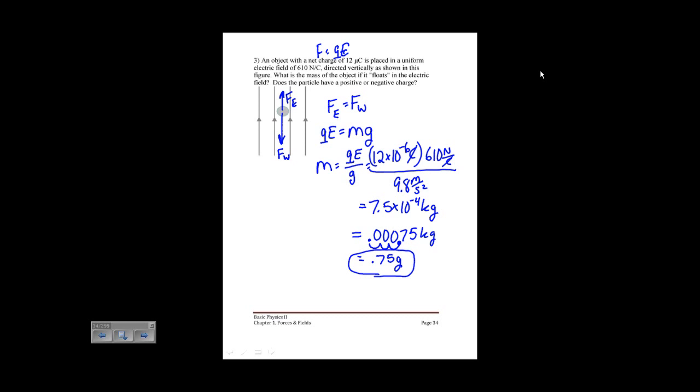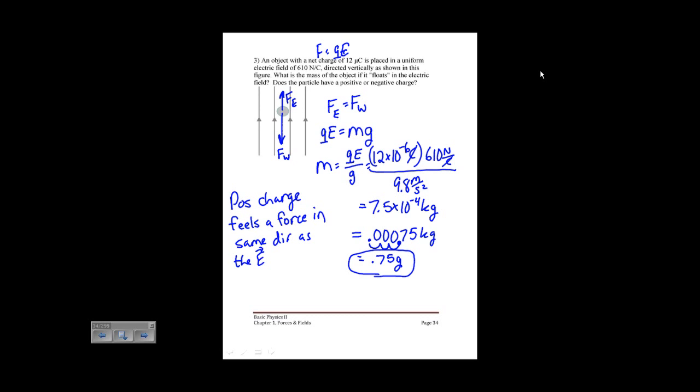And does it have a positive or negative charge? A positive charge feels a force in the same direction as the electric field vector.